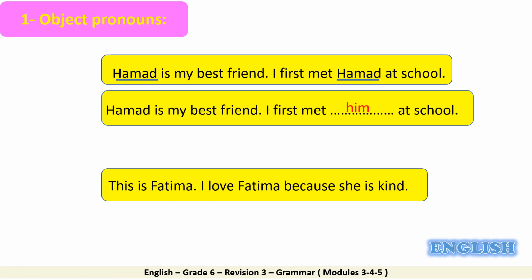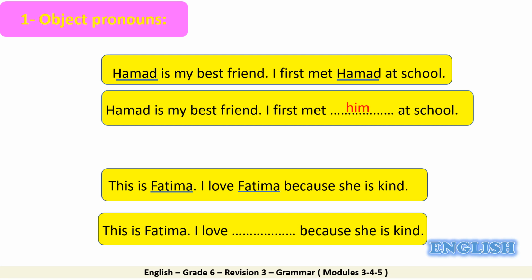Sentence number 2. This is Fatima. I love Fatima because she is kind. What do you notice in this sentence also? Very good. There is a repetition of Fatima in the first part as well as in the second part. So we could avoid this repetition by saying, this is Fatima. I love her because she is kind.